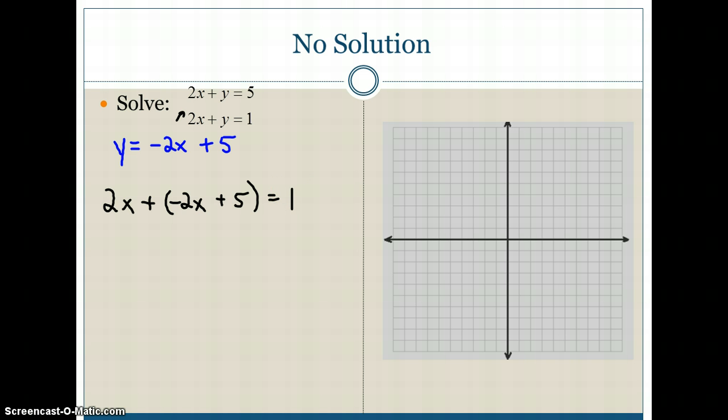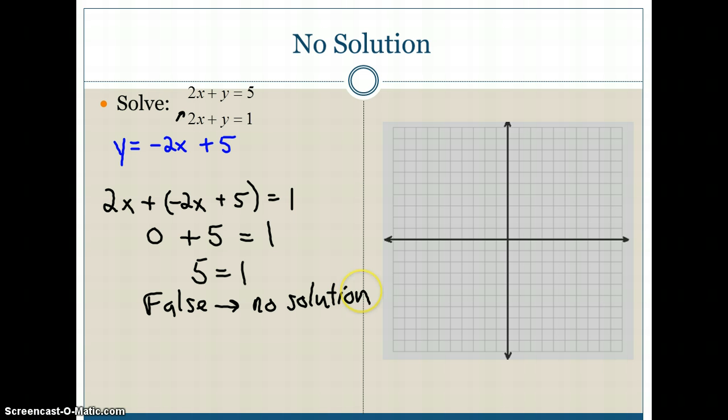Well, 2x and negative 2x gives me 0 plus 5 equals 1. Ultimately, I get 5 equals 1. That's false. No solution. So we got something false, and that means no solution.